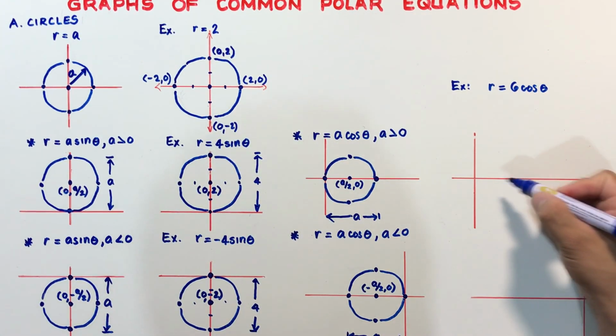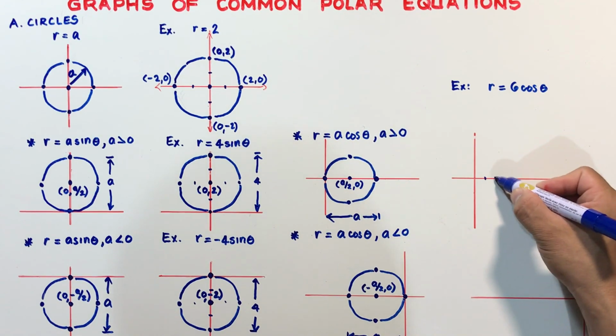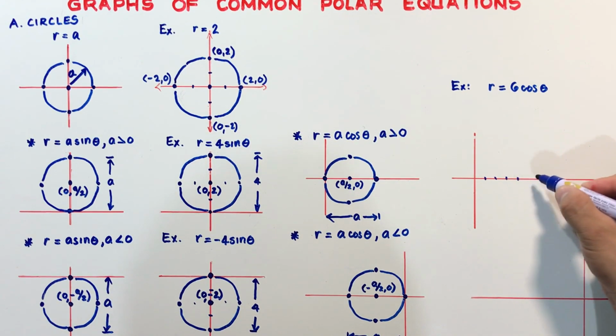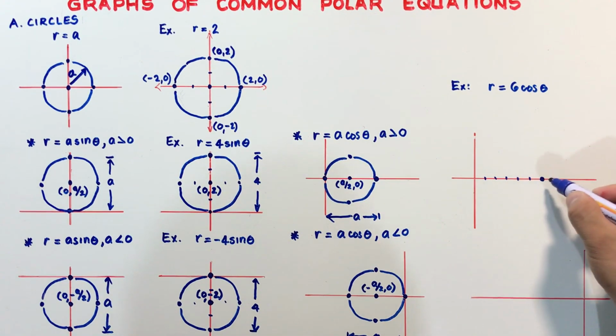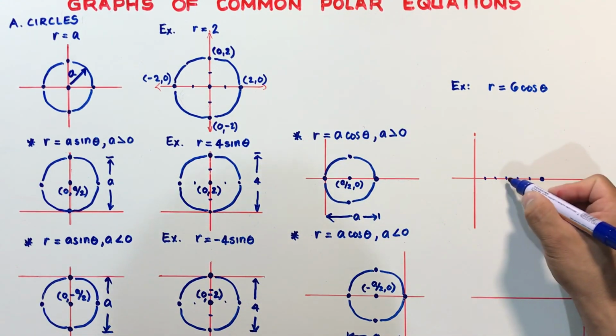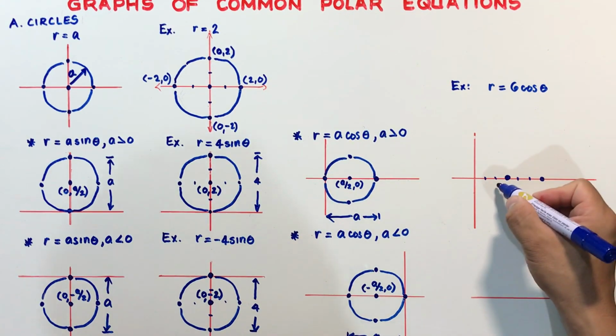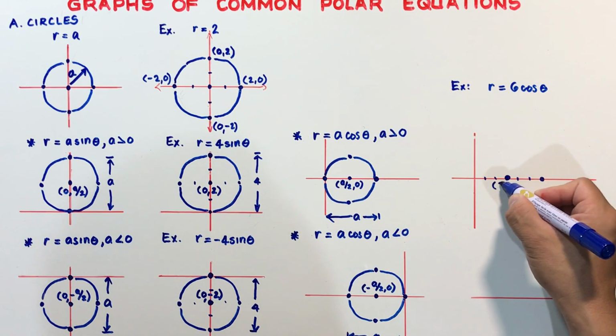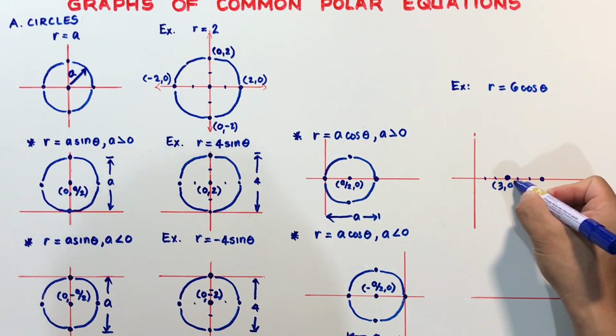So it has a diameter of 6. So let's have 6. 1, 2, 3, 4, 5, 6 here. And because the diameter is 6, the radius is halfway to 6, which is 3. So the center of the circle is at the point 3, 0.